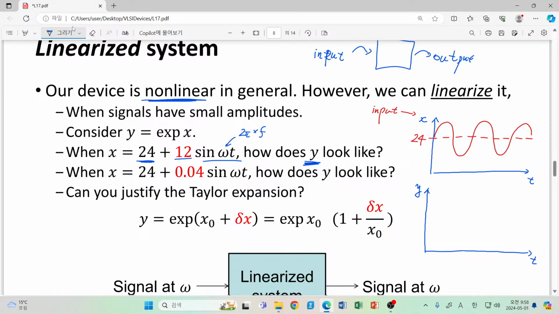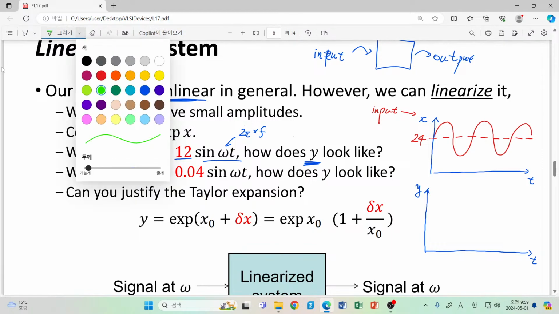Then what will happen? So can you draw it? Of course, yes, using a computer program you can do it, but let's just try to make something. We can consider some representative points here.